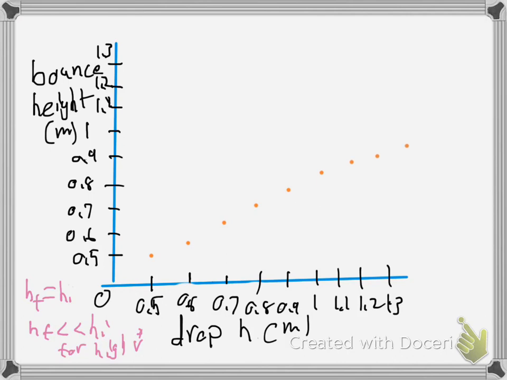Okay, so we can kind of see here that these are pretty close to being elastic, but they're kind of getting less and less elastic as it's going on. So this is the type of relationship that the student is looking for.